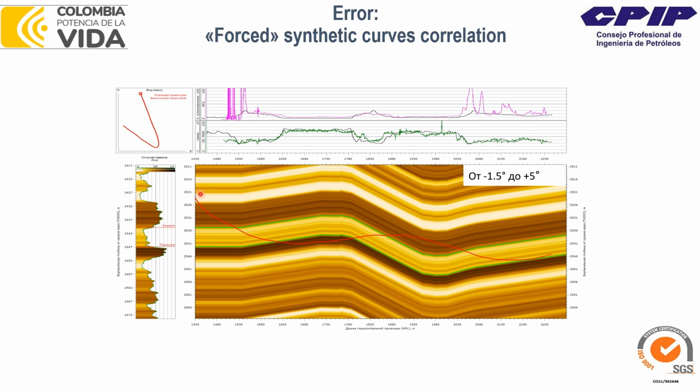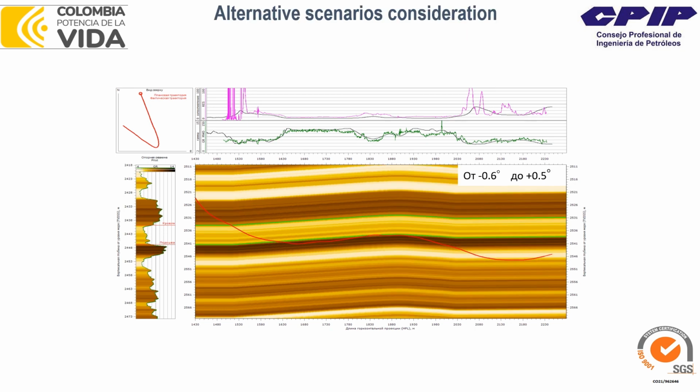If you remember this slide, this is the right interpretation. You still have the same fair correlation of the gamma ray here, and the same good correlation of the resistivity here, but the geometry is completely different, right?